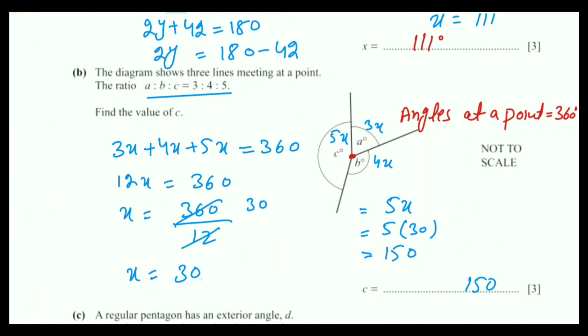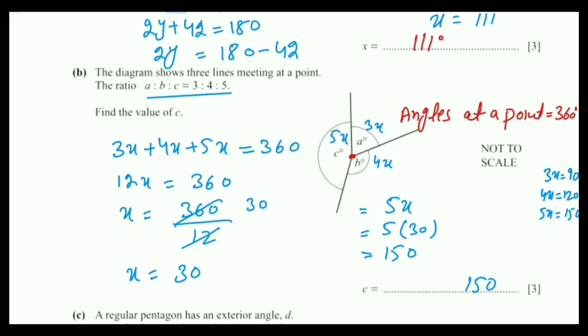So please don't forget to put this value in the original expression to get the value of A, B or C. You can also check it: if C is 150, 3x will be 3 times 30, that is 90, 4x will be 4 times 30, that is 120, and 5x is equal to 150.